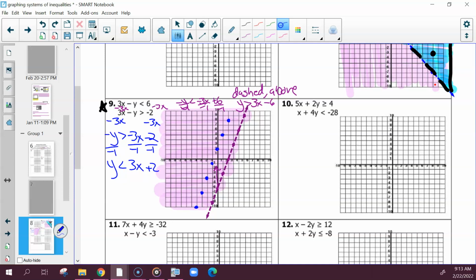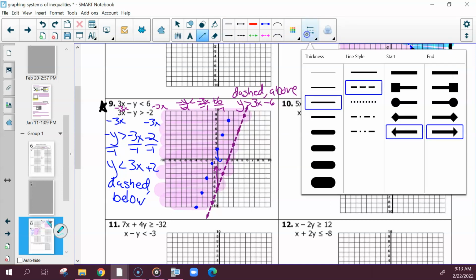Dash or solid? Dash. Shaded above or below? Below. So below for this one would be going down. I should probably draw my line first.